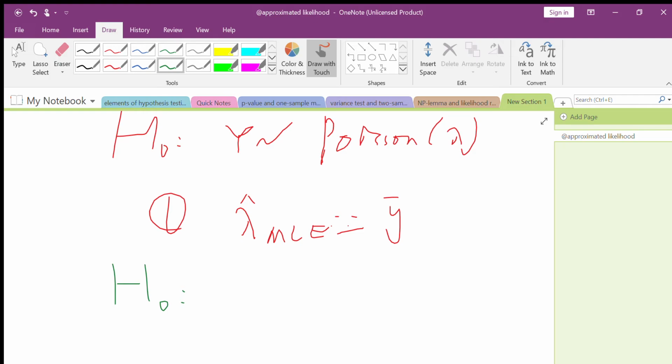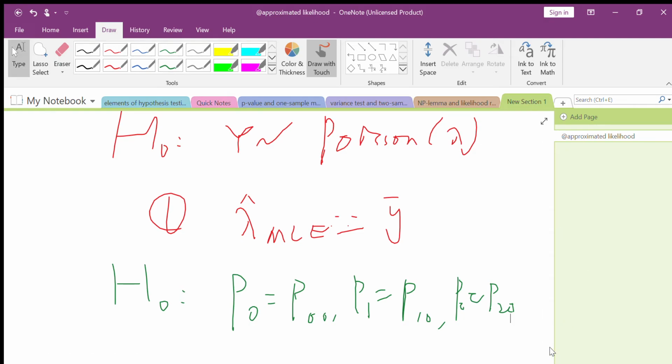In the chi-square test statistic, we write P0 equals P00, some pre-specified value, P1 equals P10, and P2 equals P20. In our original chi-square test, we have K categories, but in this specific example, we only have P0, P1, P2, and H1 is not H0.